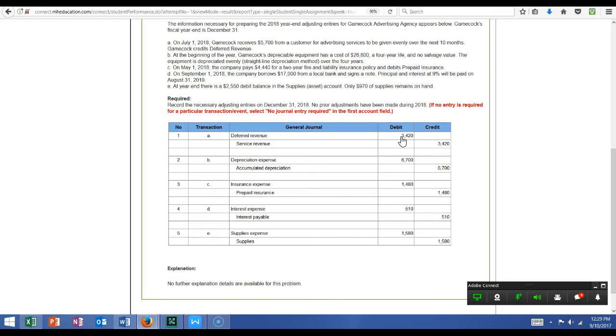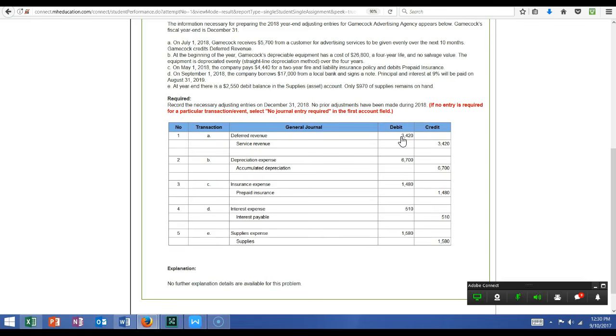Now that it's at the end of the year, we've gotten some of these revenues just because of the passage of time over the 10 month period. We've earned 6 months of those 10 months. So we're going to reduce our deferred revenues and we are going to be crediting service revenue. So those that might have a different figure, you're still going to do it the same way.